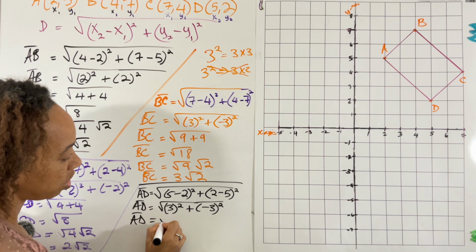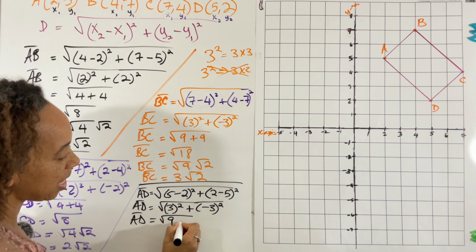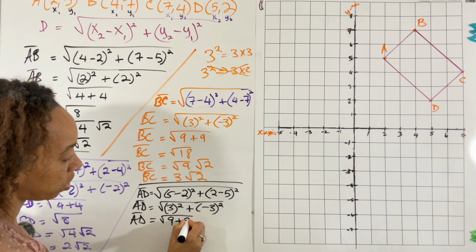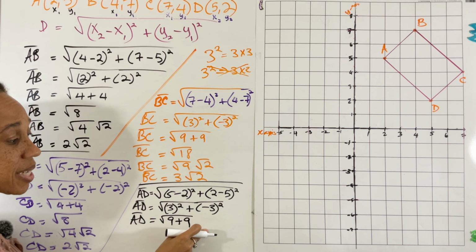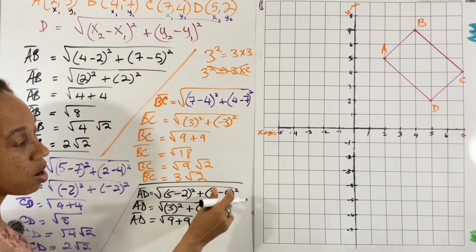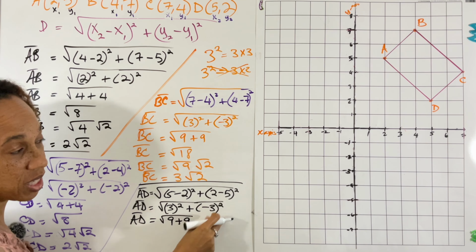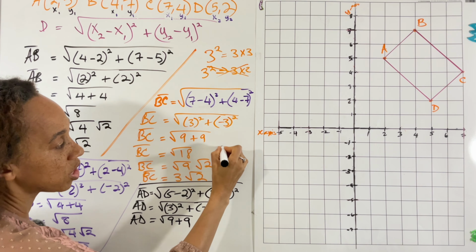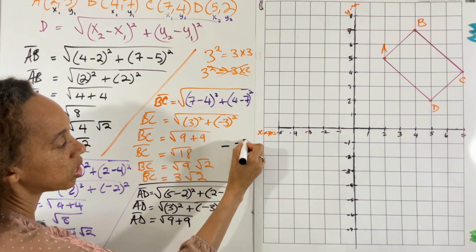Segment AD is going to be 3 to the second power is 9, plus (-3) to the second power is also 9. Now I must say to you as a sidebar that (-3) to the second power, once you have it in the parentheses, is totally different from when you have simply a negative and then 3 to the second power.